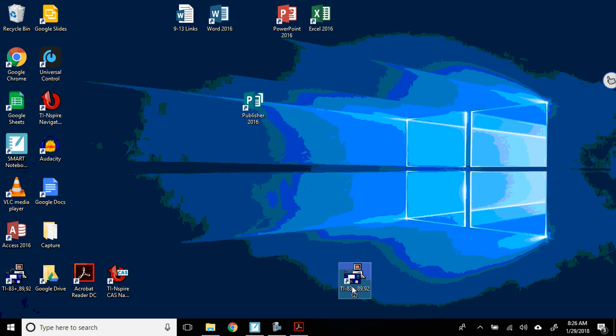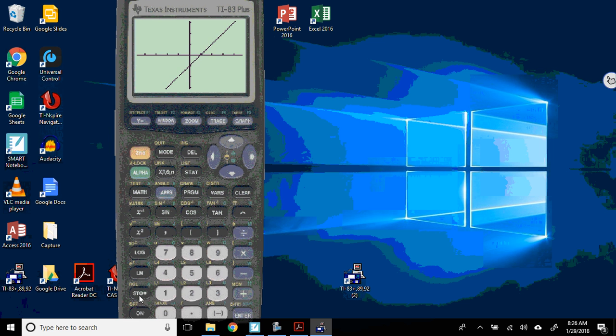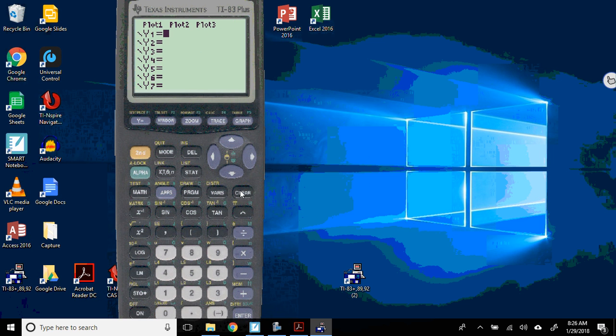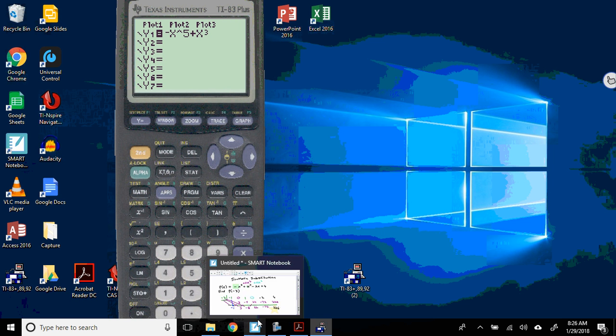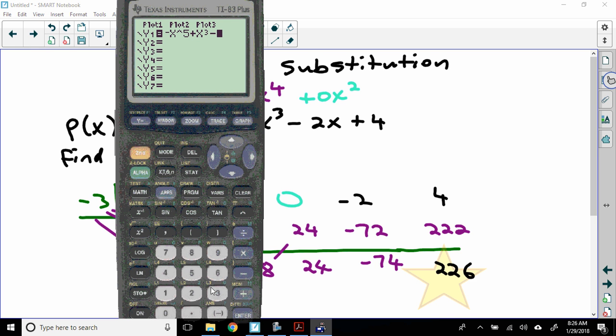Right quick. And then the last thing we're going to do today is take one quick look at a polynomial division. Our function we were looking at was -x to the 5th plus x cubed minus 2x plus 4.